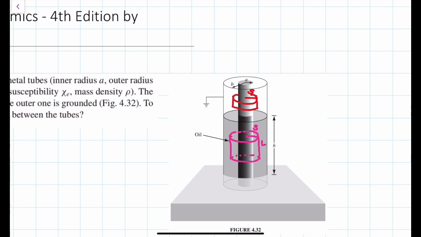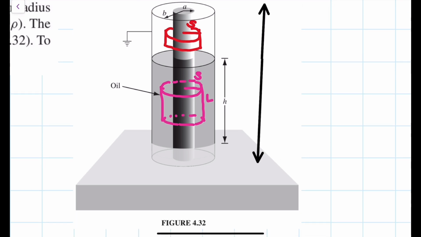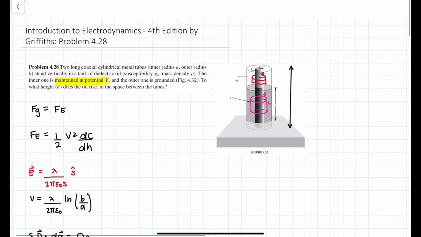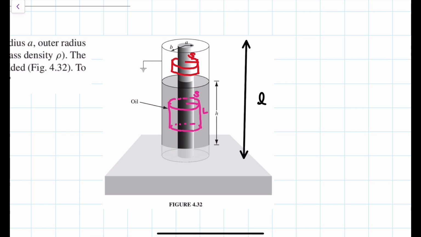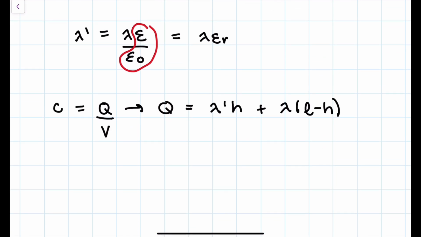If the tubes have length L, then the distance where there is air is L minus h. Because we just solved for lambda prime, we can plug it in, and I also distributed the lambda with L minus h.